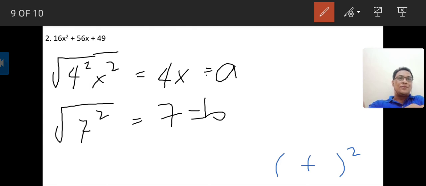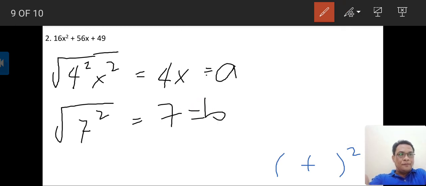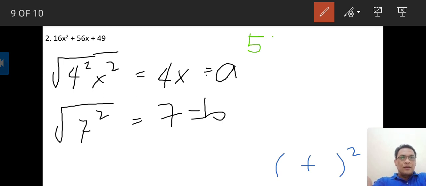Okay, let us check whether this trinomial is a perfect square trinomial. If it is a perfect square trinomial, we can have the factored form. So 56x should be equal to 2ab.